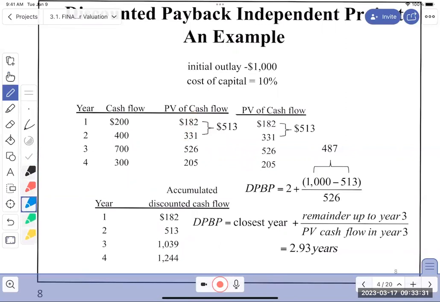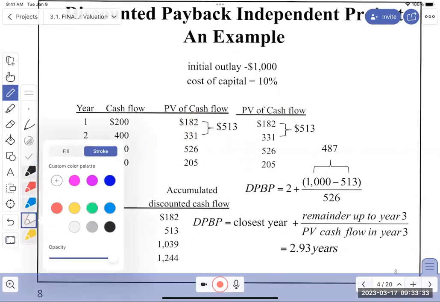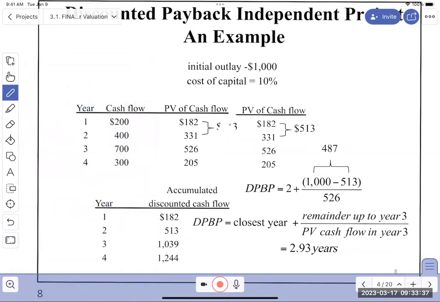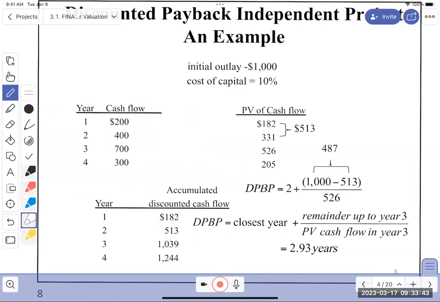All right, so what I'm going to do here is just calculate what I call the accumulated cash flows. And you can do this on Excel if you have many years to look at. That's what that stands for.